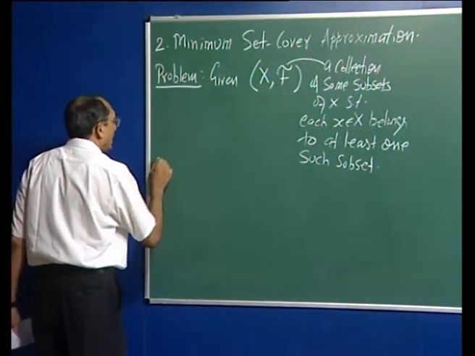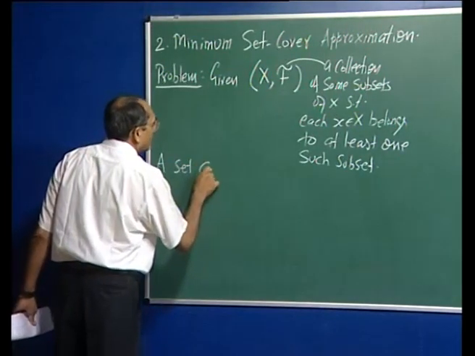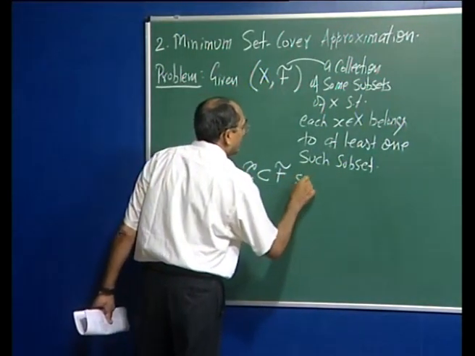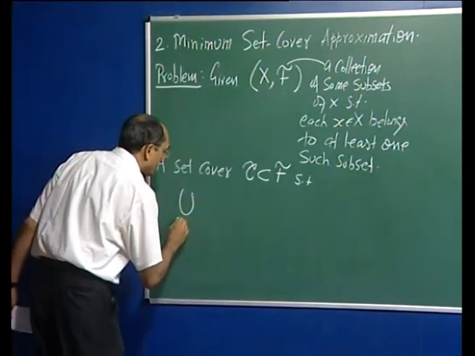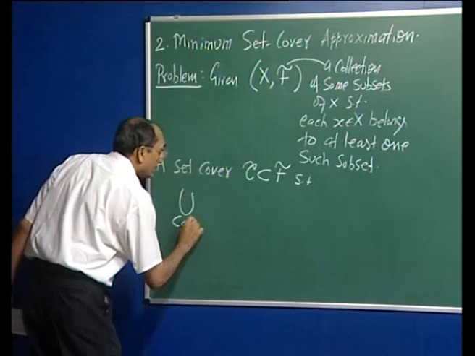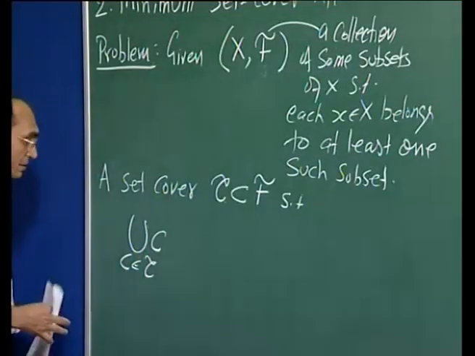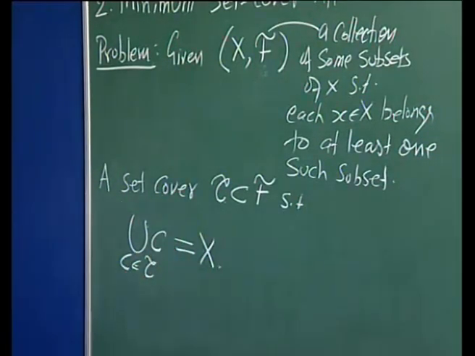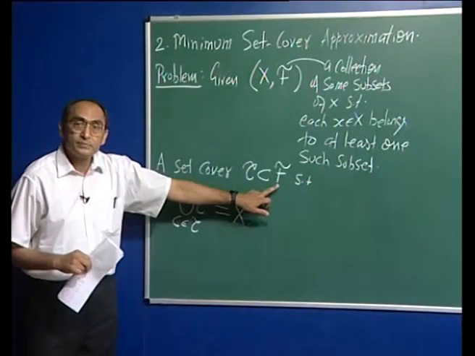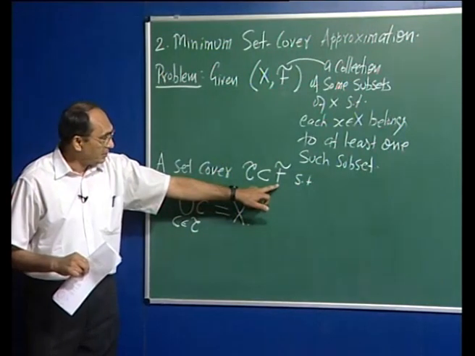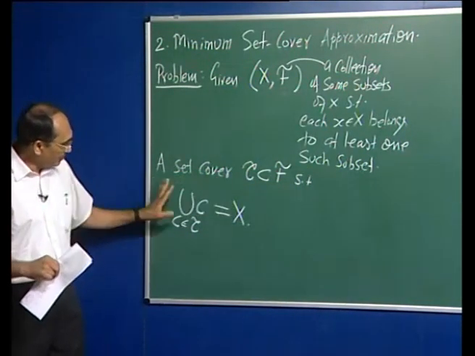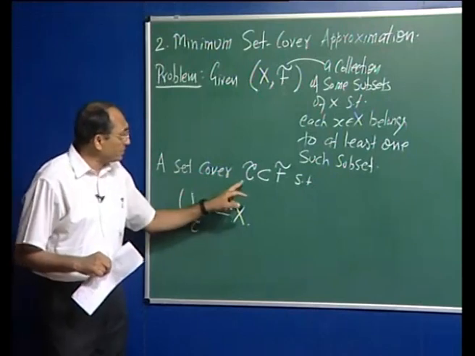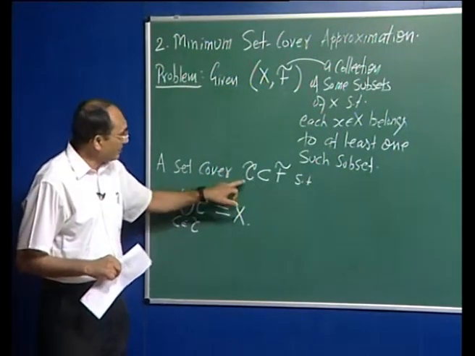Now a cover, a set cover, is a subset C of F such that the union of the sets in C is equal to the whole of X, which means we want to pick a sufficient number of sets from F such that their union covers every element of X. And the objective is to compute the smallest, in terms of cardinality, such cover.